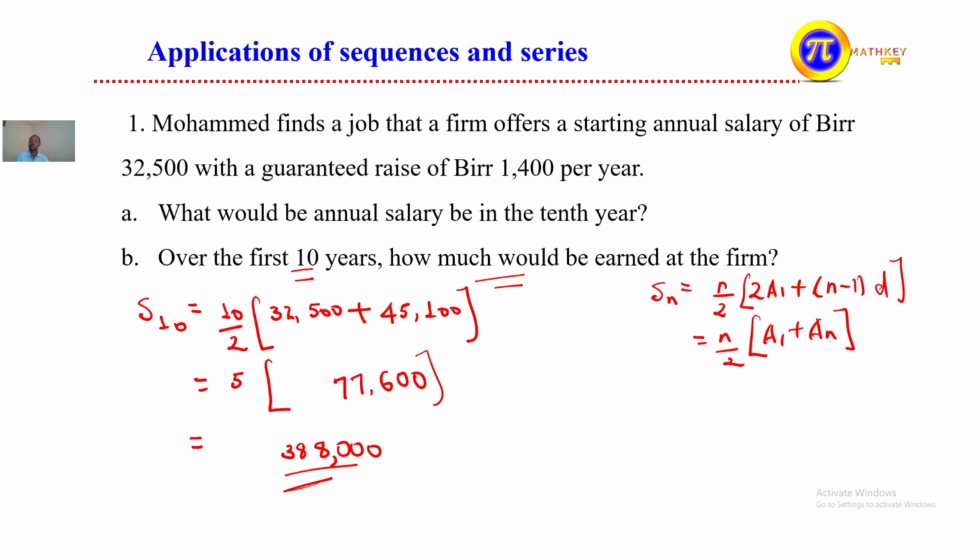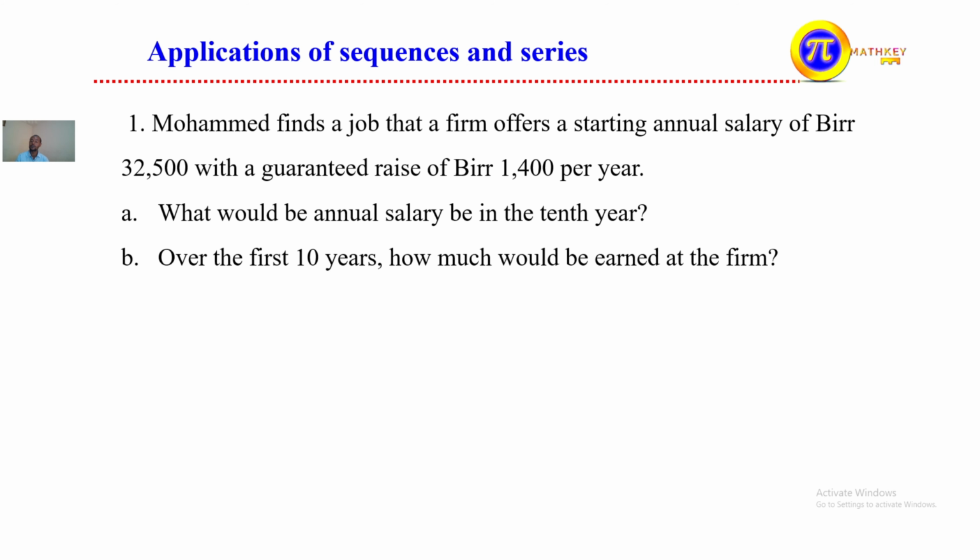Here we were asked how much was earned at the firm, but in the first part we were asked what the annual salary would be in the 10th year. So we apply the formulas for sequence and series. The nth term is an equals A1 plus (n minus 1) times d, where A1 is the first term and d is the common difference.